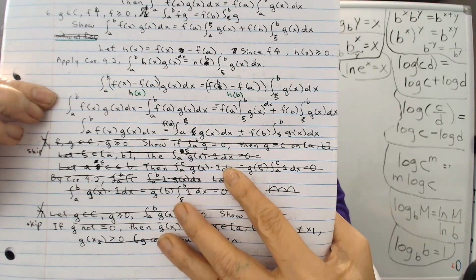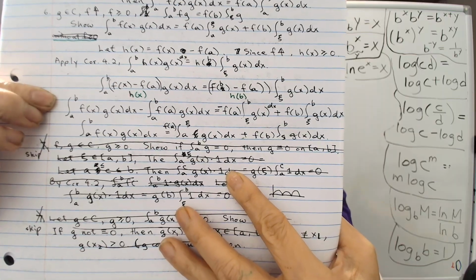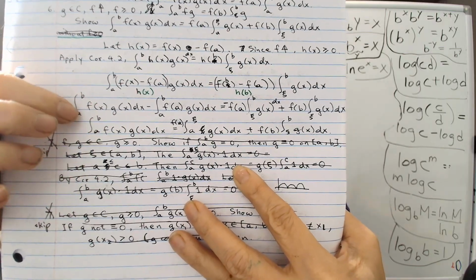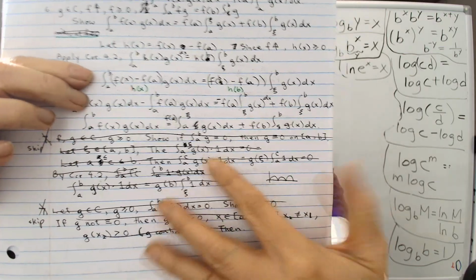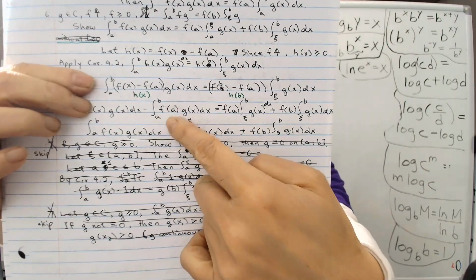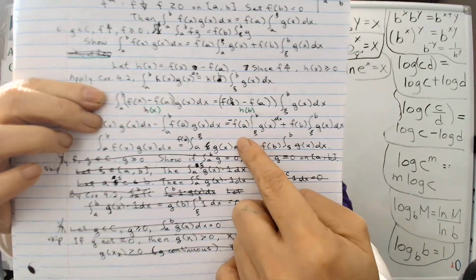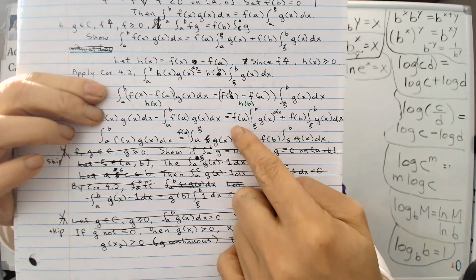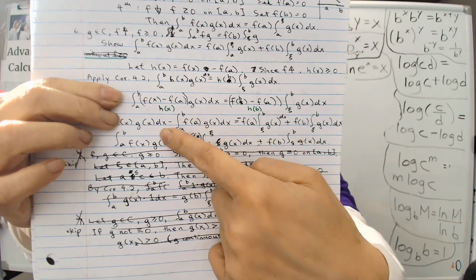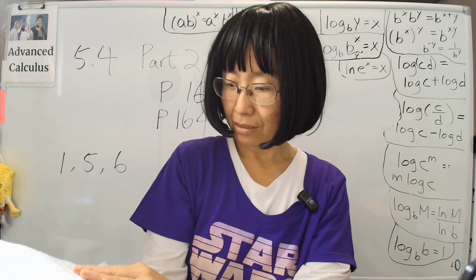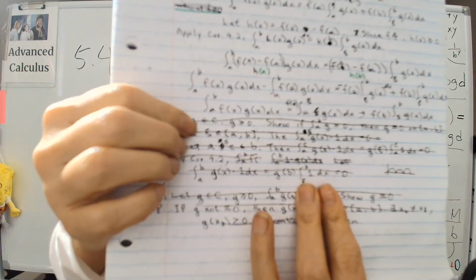Then we get this pile of stuff, and when we rearrange terms, we realize that the fa terms, when we move this to the other side of the equation, we get f of a, we can pull it out, right? Why do I have it written inside? Doesn't matter.